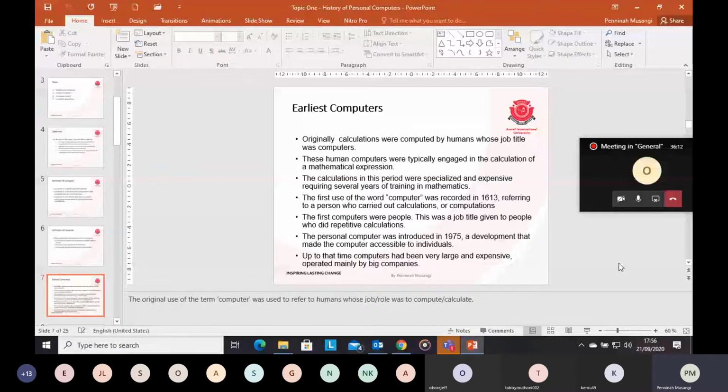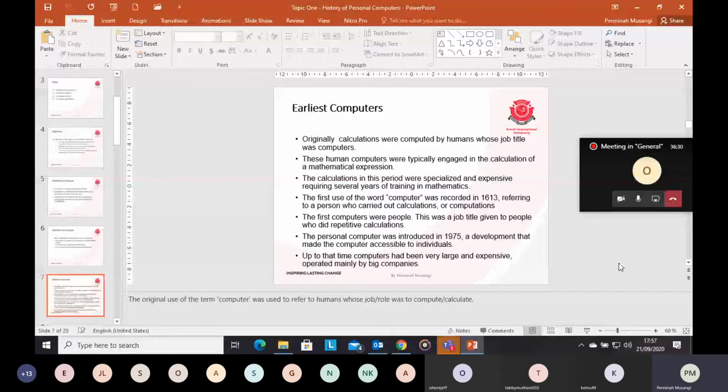This specialized training was in mathematics, and majorly it required you to spend several years being trained on calculations and mathematics. So the first use of the word computer was recorded in terms of literature in the year 1613.